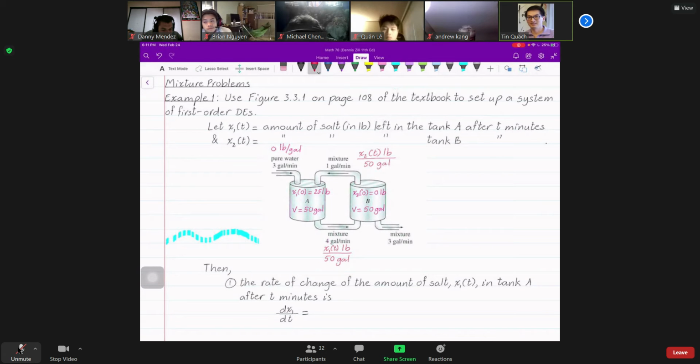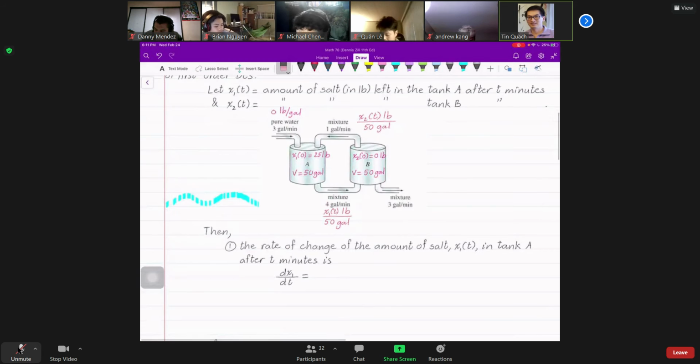But in this case, it is always 50 because you see right here, 4 gallons per minute coming in, and right here it leaves 3 gallons per minute and another 1 gallon per minute. So that is a total of 4 gallons leaving the tank and 4 gallons coming in. So 50 gallons is always a constant there in the tank. All right, so you have that.